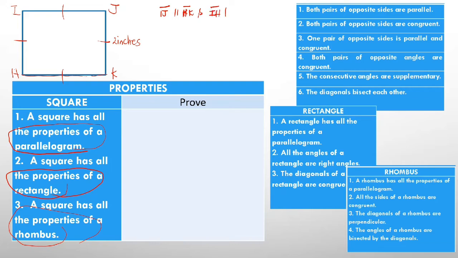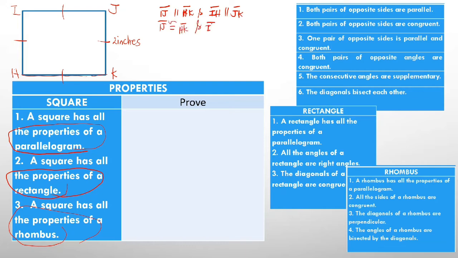So the pairs of opposite sides are parallel. Our opposite sides are also congruent because they have the same measurement. Therefore, line IJ is congruent to line HK, and line IH is congruent to line JK.